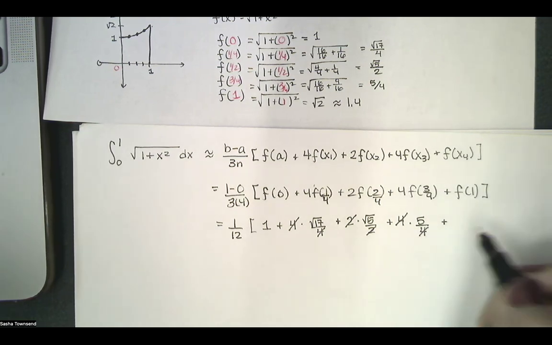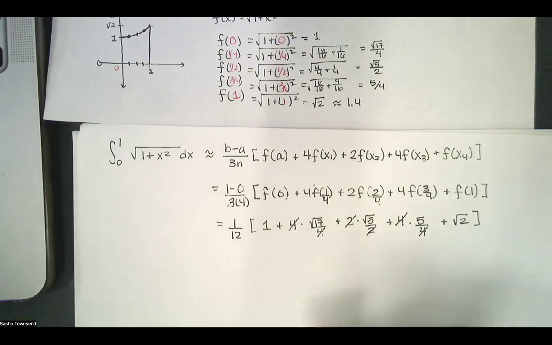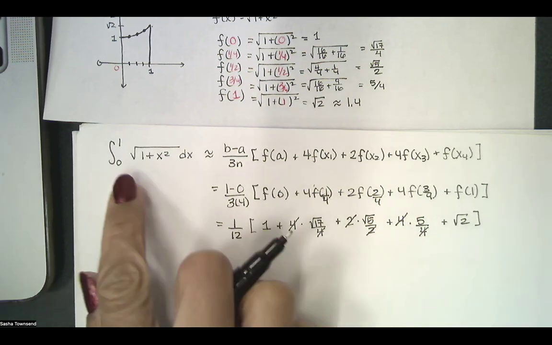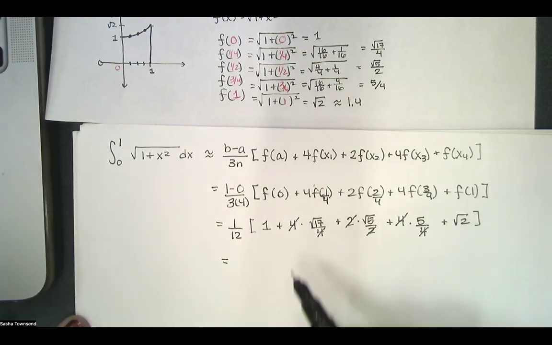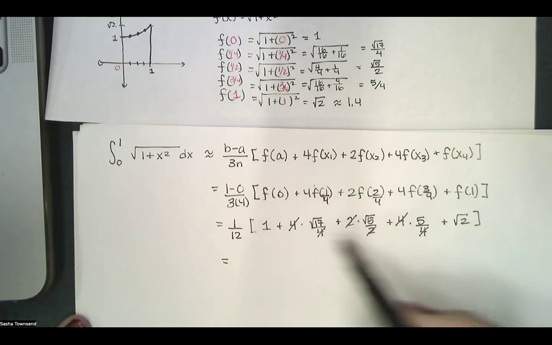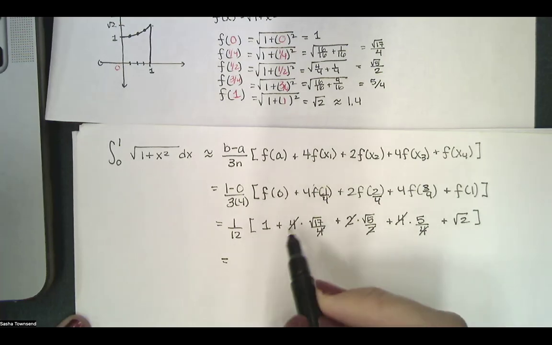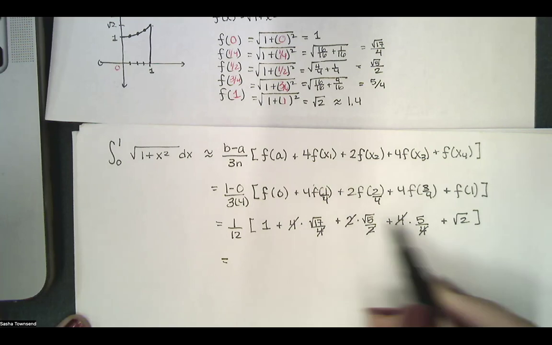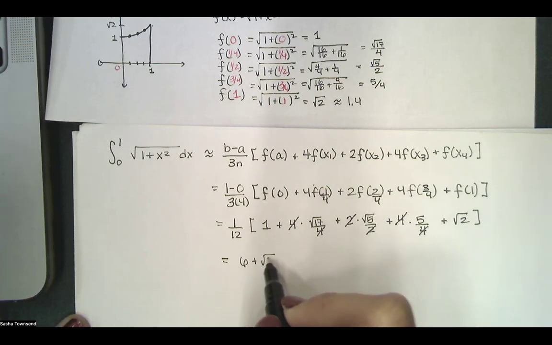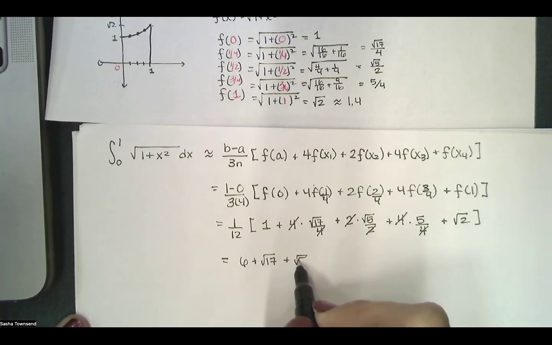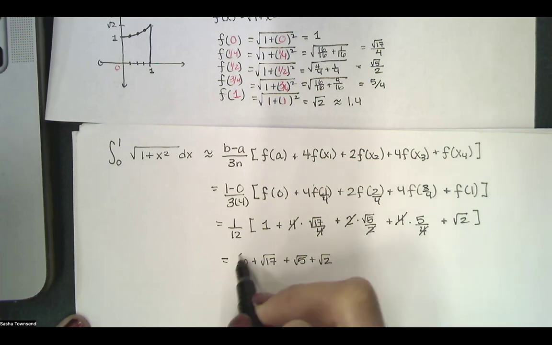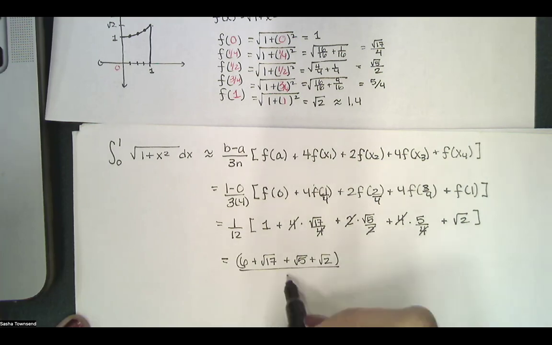And then f at 1 is the square root of 2. So that area under the curve is approximately, I've got a 1 and a 5, that's a 6, plus the square root of 17, plus the square root of 5, plus the square root of 2, all divided by 12.